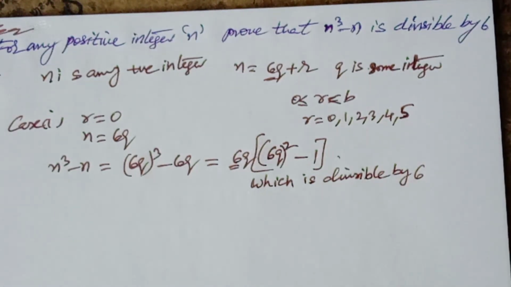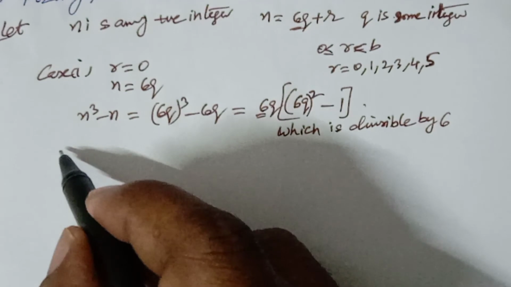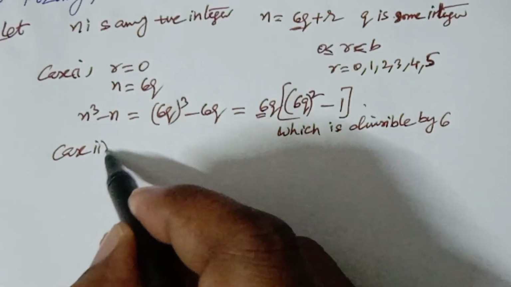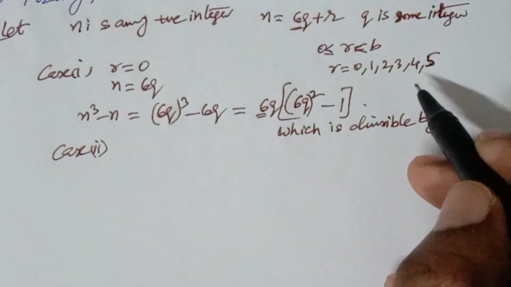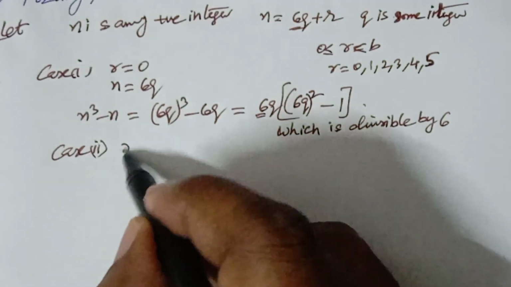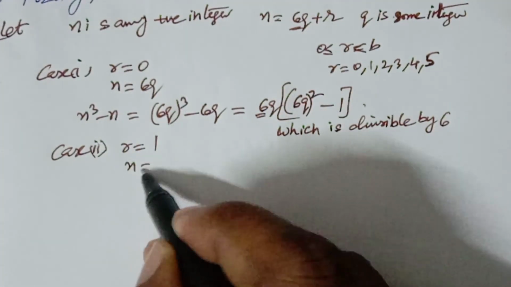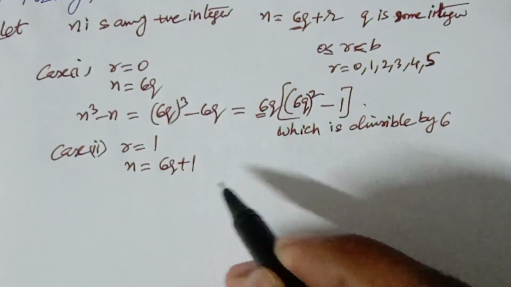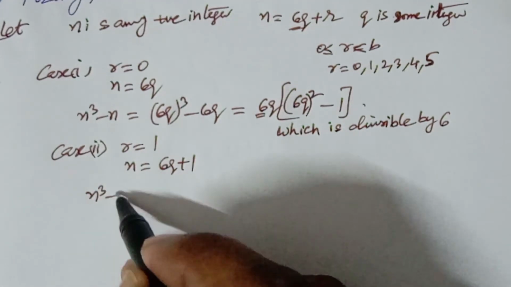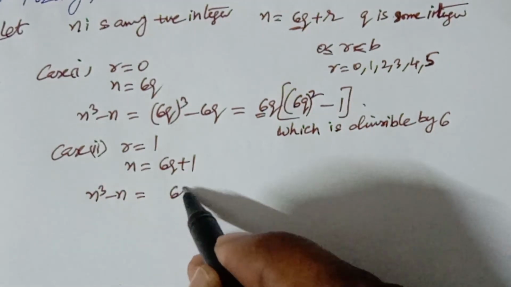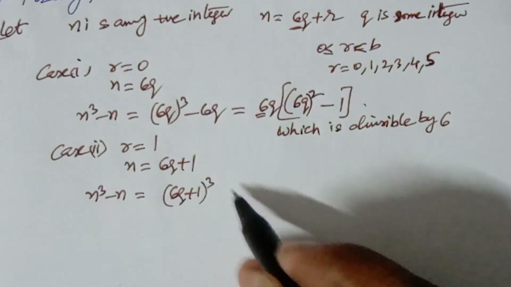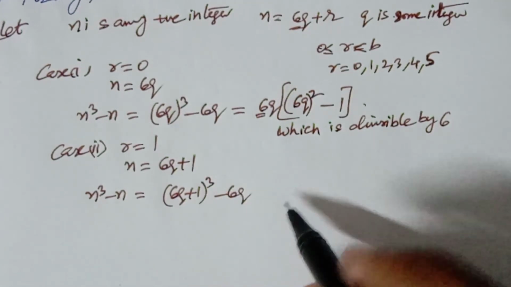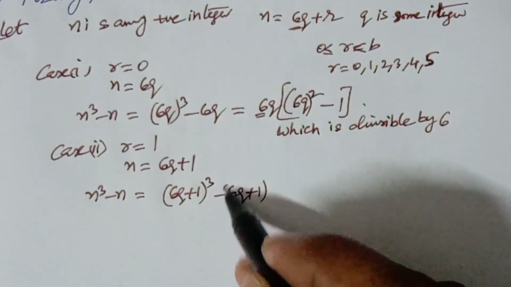This is case 1. Now if you take case 2, like this we will get a total of 6 cases. So r is equal to 1, n is equal to 6q plus 1, n cube minus n is equal to 6q plus 1 whole cube minus 6q plus 1.